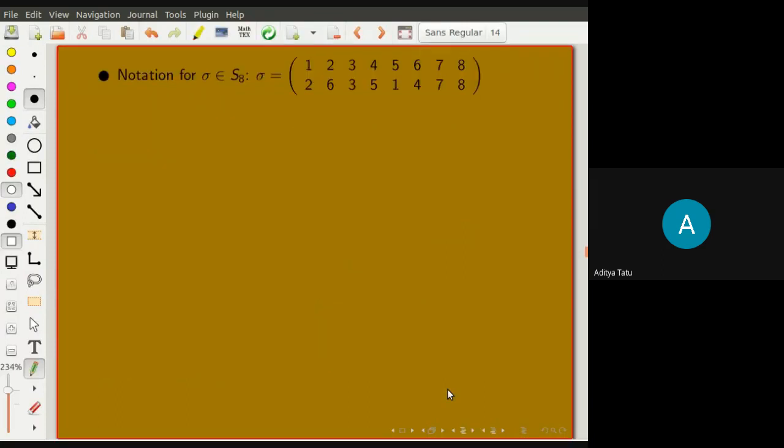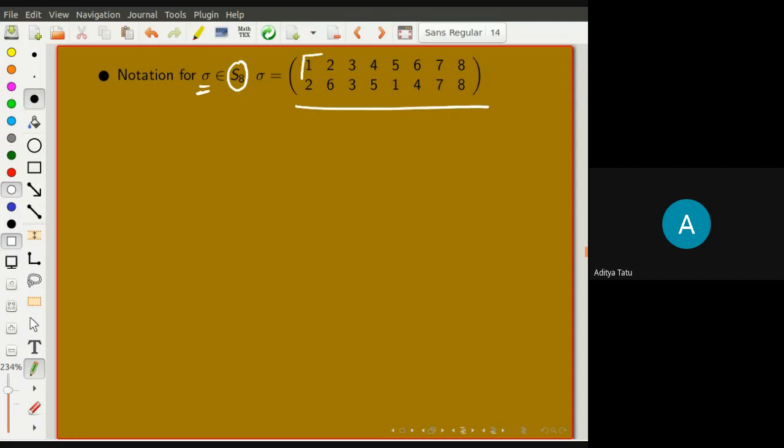Let's look at notations. Let's consider an example, S8, the symmetric group of a set that has 8 elements. Since the set A is not specified, we'll assume the set A is 1, 2, 3, up to 8. If I pick one permutation from S8, this is how we will denote the permutation: a 2 by n array.